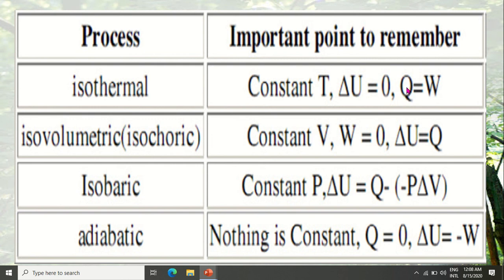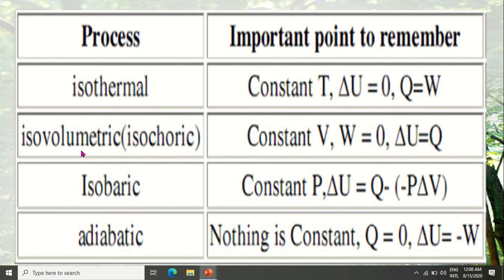So the heat supplied to the system will be converted into work done, Q equal to W. Isovolumetric or isochoric process: I have told you earlier that isovolumetric or isometric are other names of the isochoric process. Here, volume is constant, work done equal to 0. As there is no change of volume, work done is 0, and del U equal to Q. That means the heat supplied to the system will be used to change the internal energy.